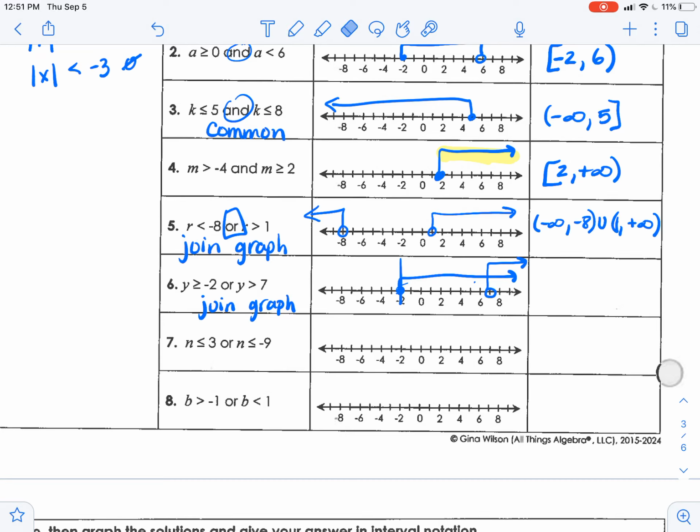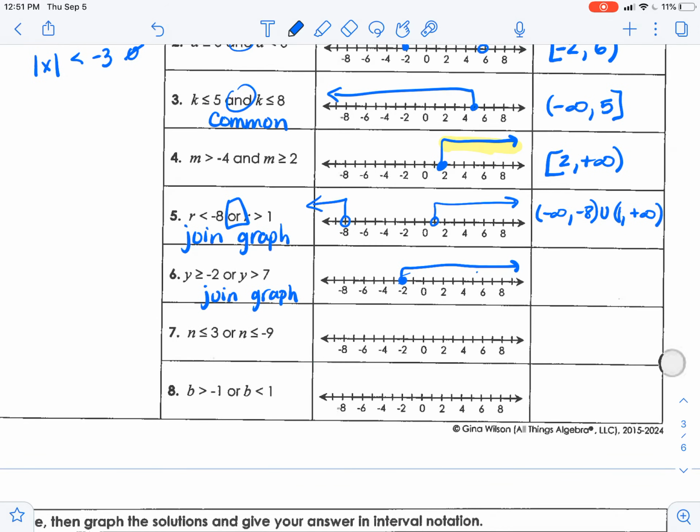Since it's everything from here to the right, I actually don't even need this piece because it's repeating what I've already said. And do you see the difference between the and and the or when I'm doing those? So how would I write my answer? Bracket at negative 2 to positive infinity.